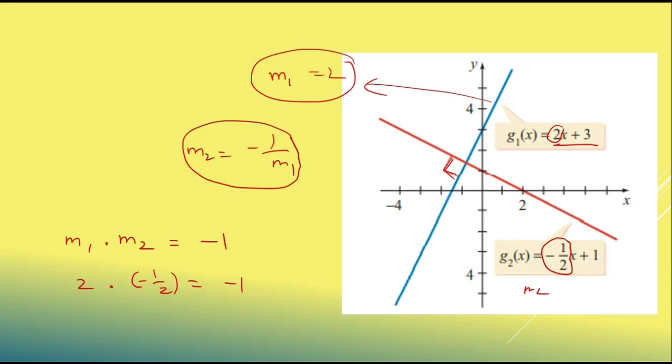This is the condition for perpendicular lines. If you want to identify whether two lines are perpendicular, check the slopes. One slope is m, the other slope will be minus 1 over m. If the first slope is minus m, then the second slope will be 1 over m. When you multiply them, the answer must be negative 1.